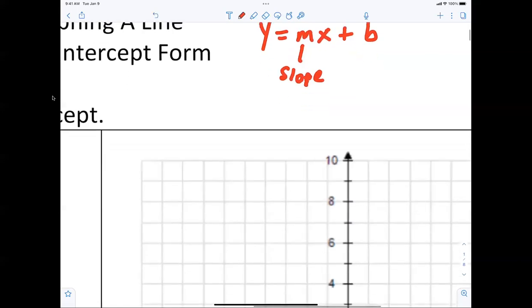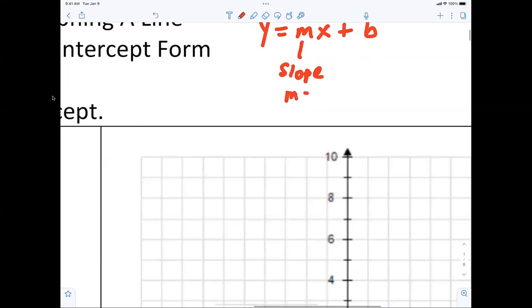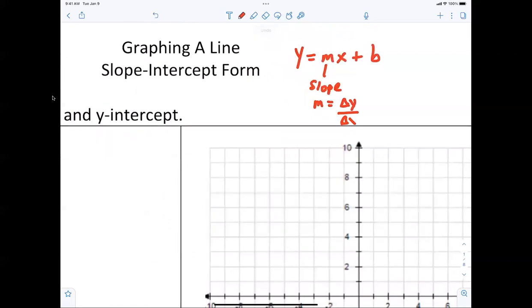All right. And remember, m is equal to delta y over delta x. Now, I personally feel like they should call it the slope y-intercept, but they abbreviated it to slope-intercept.